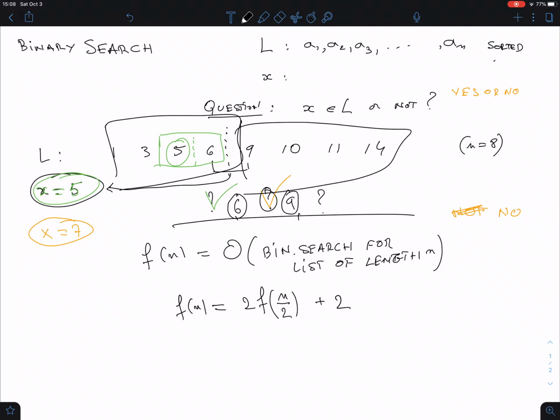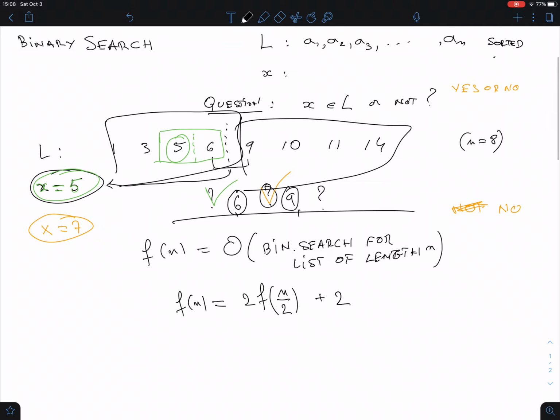Now, of course, since I have to divide by 2, this assumes already that the list has even length. So you could replace n over 2 by the floor of n over 2 or the ceiling of n over 2. It really doesn't matter here. Complexity doesn't, that's subtle, small changes do not change the complexity. Or you can just assume, and that's what we're going to do, that n is even.